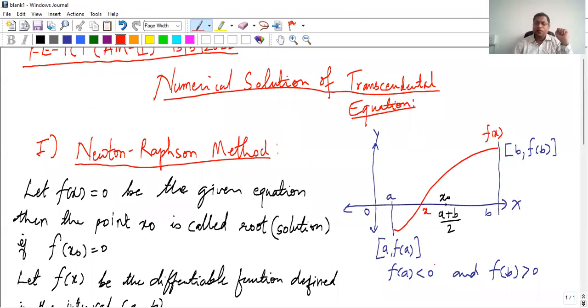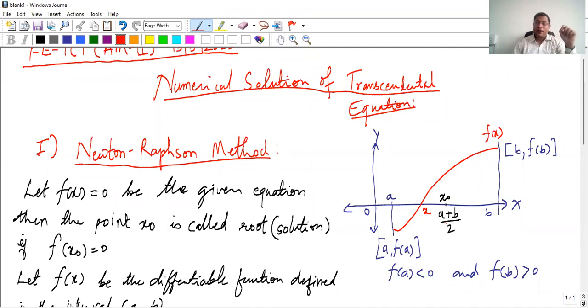Now we have A and B. How can you guarantee which is closer to the root, A or B? Here we can see the graph, so we can say that A is closer.